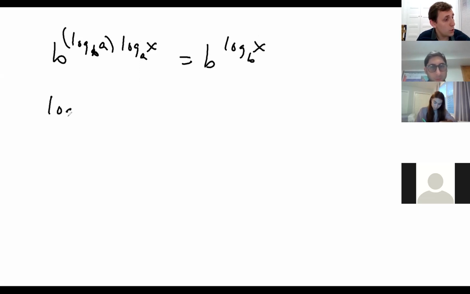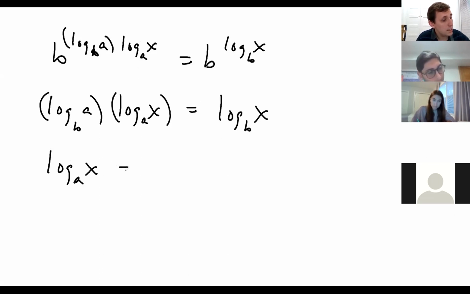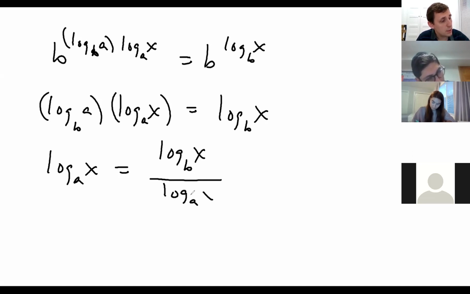Which means that log base b of a times log base a of x is equal to log base b of x, which means that log base a of x is equal to log base b of x divided by log base b of a.